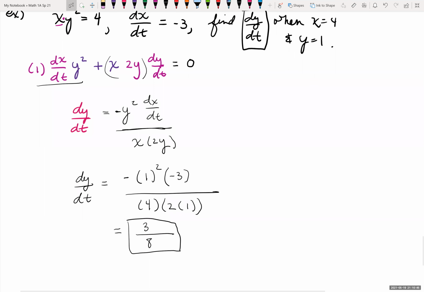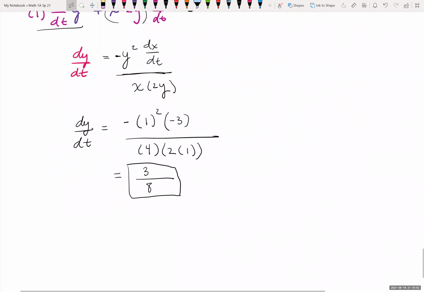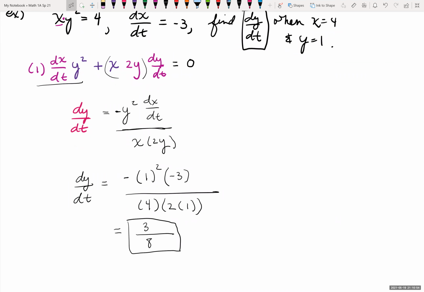On version B, though, it was a quotient instead of a product.